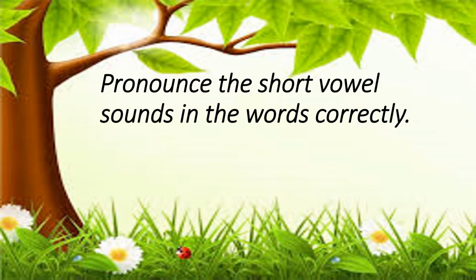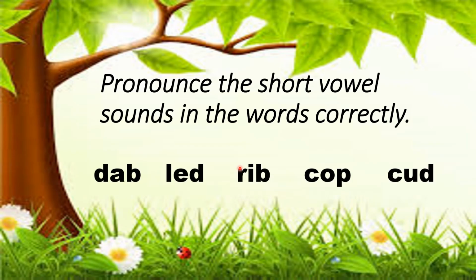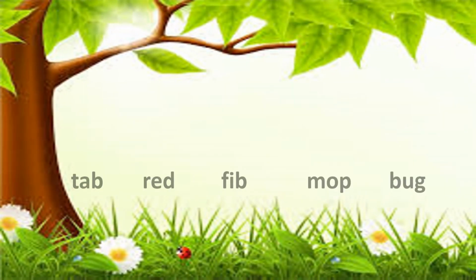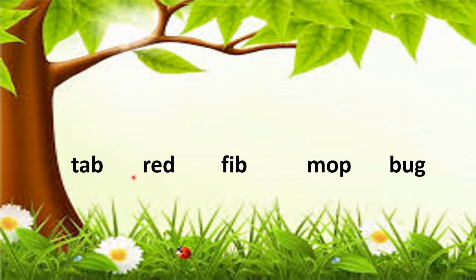Okay. Pronounce the short vowel sounds in the words correctly. We have dab, lead, rib, cup, and cod. Tub, red, fib, mop, bug.